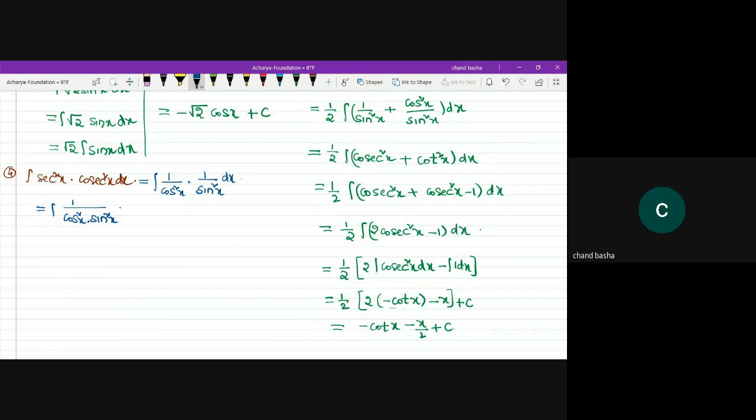Now there is one important point that I'm using here. Can we write this 1 as sine square plus cos square or not? Hope you can understand this step. The denominator is cos square x into sine square x.